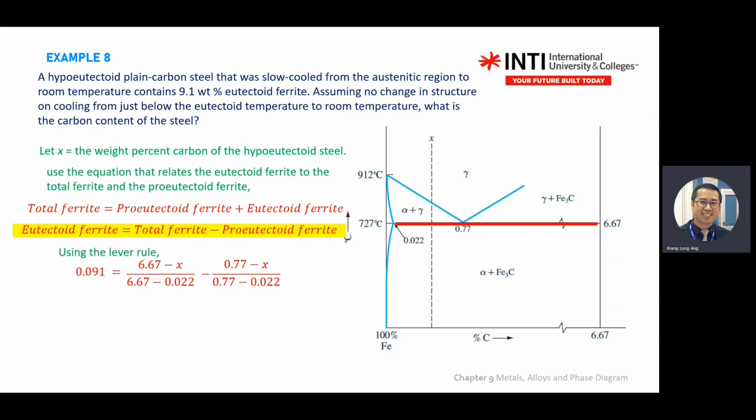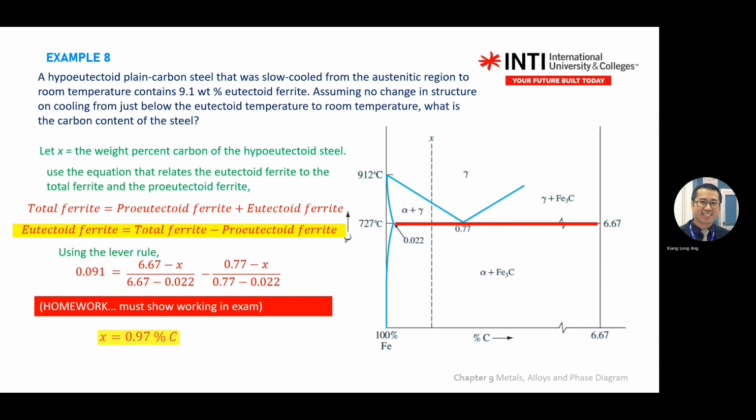So you're playing with the three points that you already know for lever rules. So you just want to find the weight percentage. Here you only have one unknown. You do the arrangement of the equation, you solve for x.